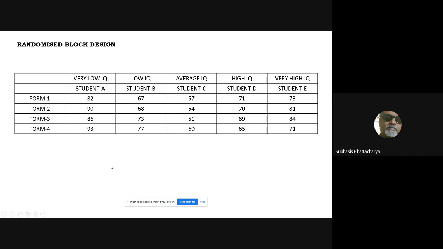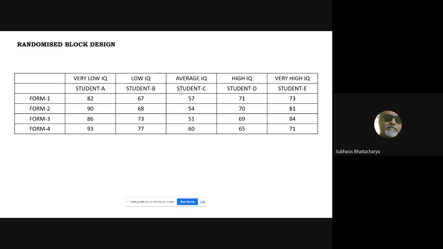For example, the student A with a very low IQ gets marks in form 1, and in form 2 these are the marks. This column-wise arrangement actually shows the homogeneity, but it may be heterogeneous when you are moving along the row. So there is some homogeneity in certain respects.